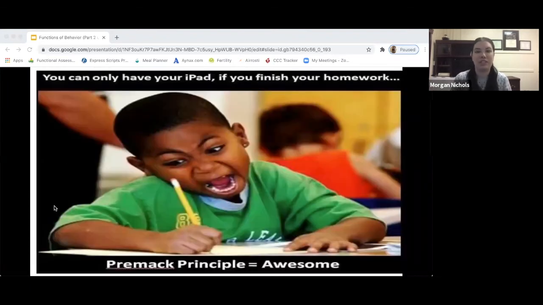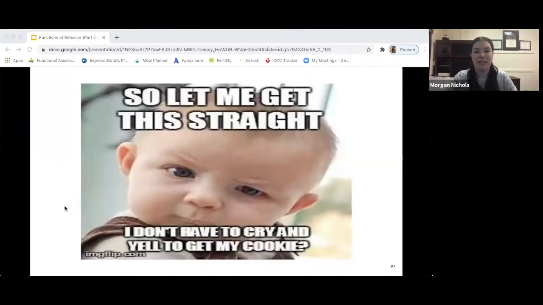In this picture, it says you can only have your iPad if you finish your homework, right? So the child is very motivated to finish his homework because he wants access to his iPad, which is a tangible. And so this particular kid is saying, "So let me get this straight. I don't have to cry and yell to get my cookie."